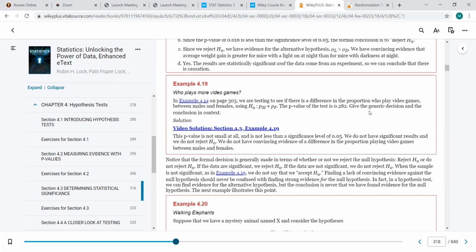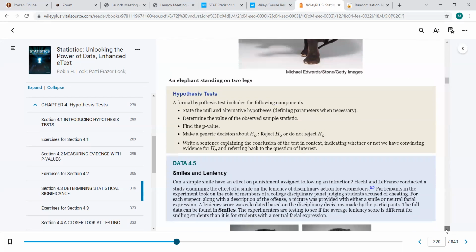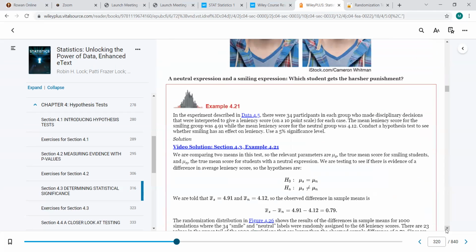StatKey is being used basically as a way of teaching you and allowing you to become familiar with what a p-value really is and how to compare it to an alpha. That's all that it is, but it's not exactly what's being tested on in your tests. So we're not there yet, but I just wanted to bring that to your attention, that we eventually will be using formulas.